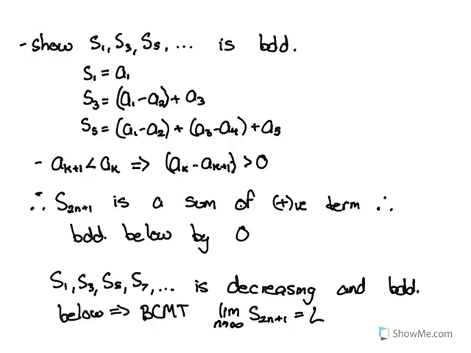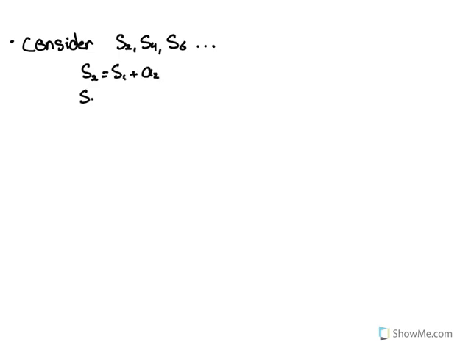Okay, now instead of the odd partial sums, we're going to consider the even ones. So consider S2, S4, S6, and so on. Right. In this case, we know that S2 is equal to S1 minus a2, S4 is equal to S3 minus a4, S6 is equal to S5 minus a6, and so on.